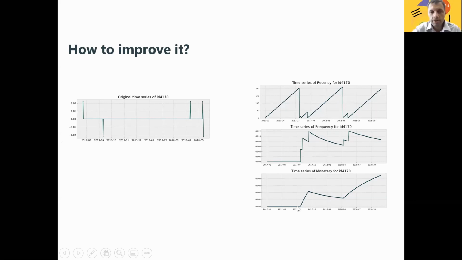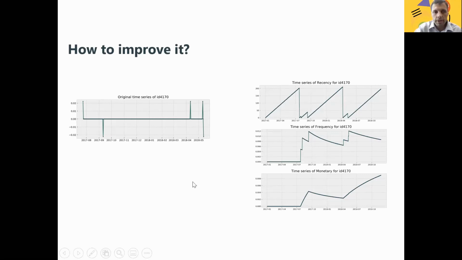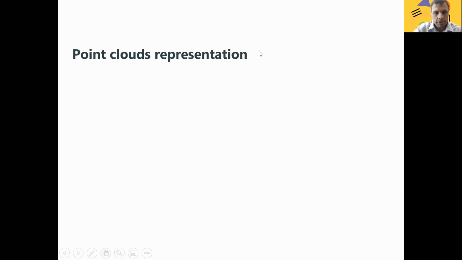So this is how the value of money from a user changes with respect to time. This is how frequently a user makes orders, how this quantity changes in time, and this is the characteristic which characterizes when the user last made an order. So each user is characterized by 3 time series.